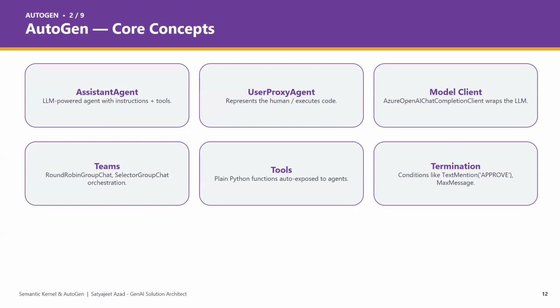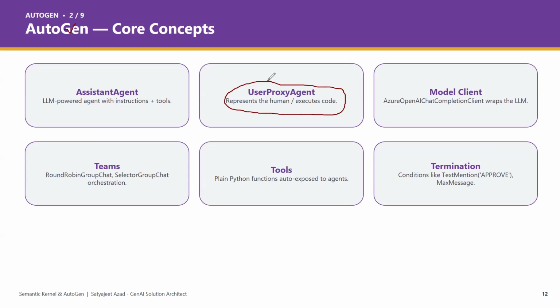There are some core concepts that we need to understand when you are working on AutoGen. The first thing I need to discuss is the user proxy agent that I was just talking about. What is this user proxy agent? It is again human in the loop. So you take feedback from the human.